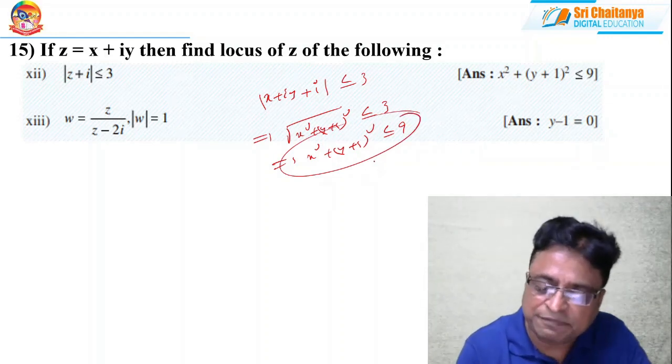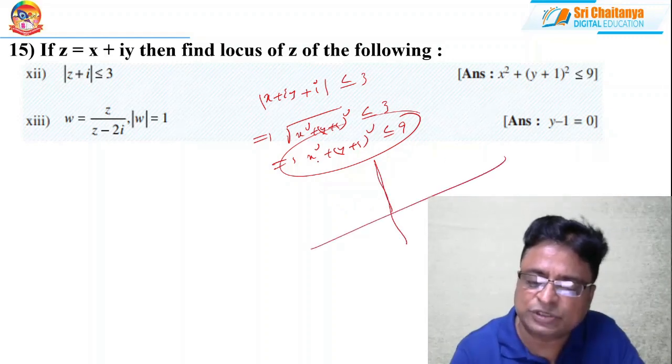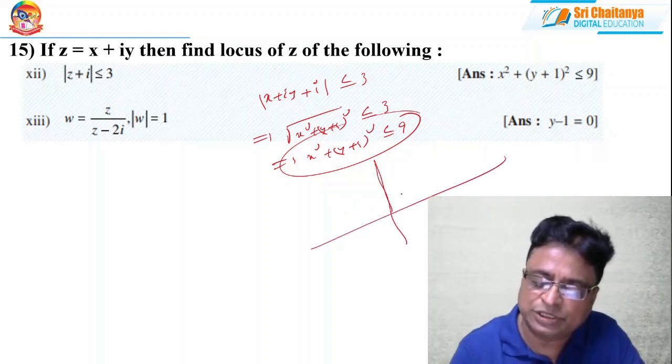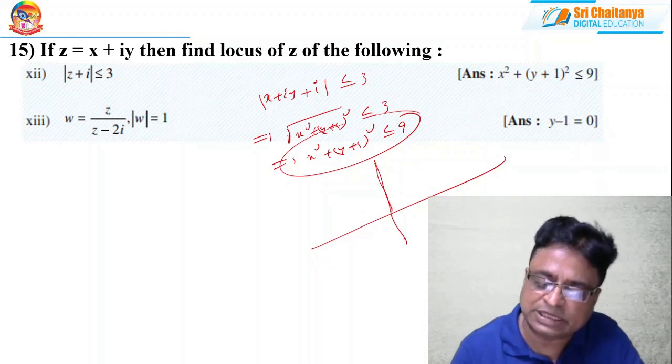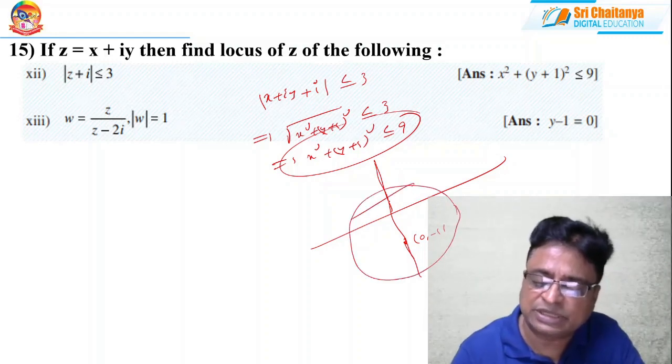That means if you imagine the circle like this, the center is what? 0, comma, minus 1. That means the circle center is like this and radius is 3. So you imagine the circle with the center as 0, comma, minus 1 and radius as 3. You draw the circle like this, and this indicates the interior part.